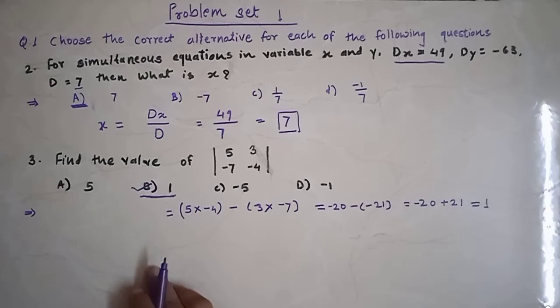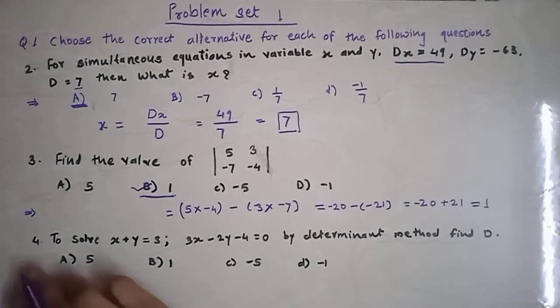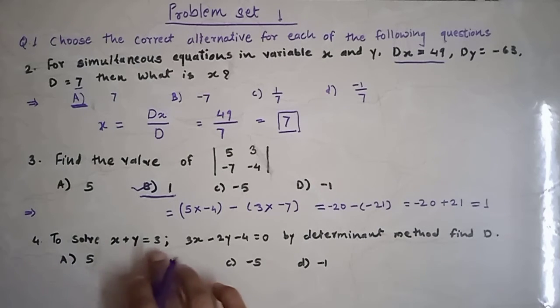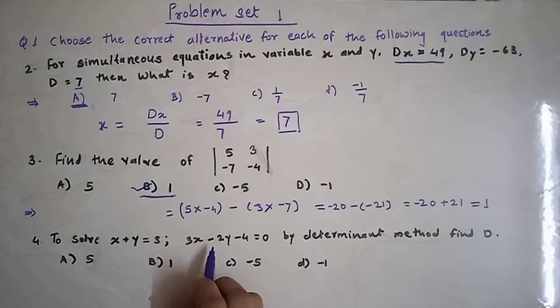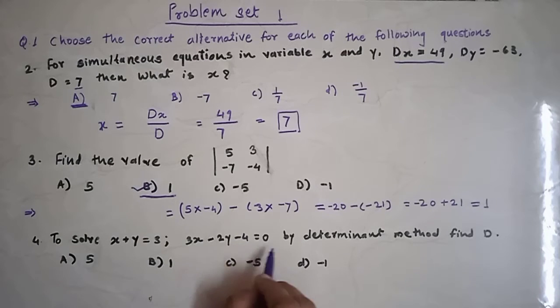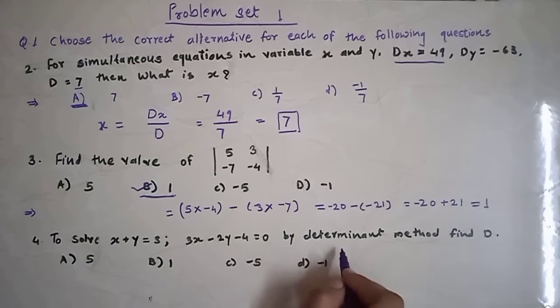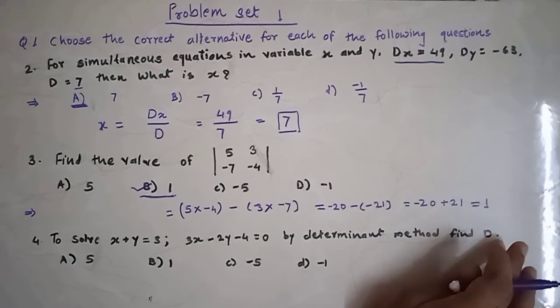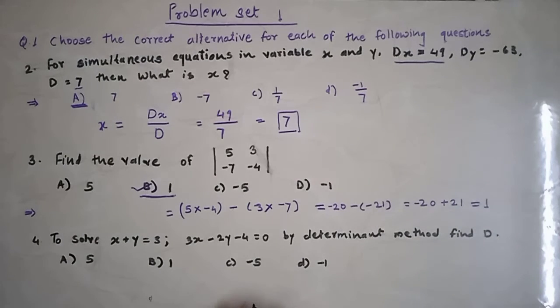Okay. So take down the next question. The question is, to solve x plus y is equal to 3 and 3x minus 2y minus 4 is equal to 0 by the determinant method, find D. We have to find out the value of D. So we know that D is equal to the determinant with a1 a2 b1 b2.